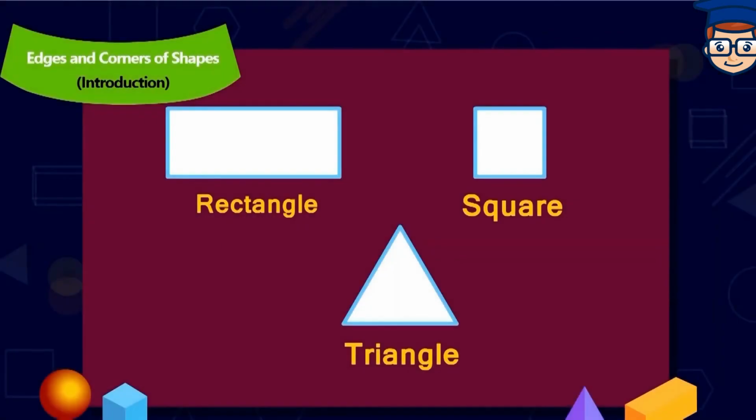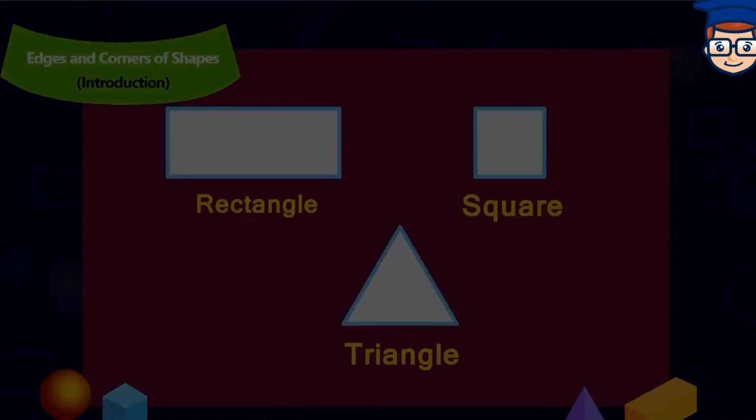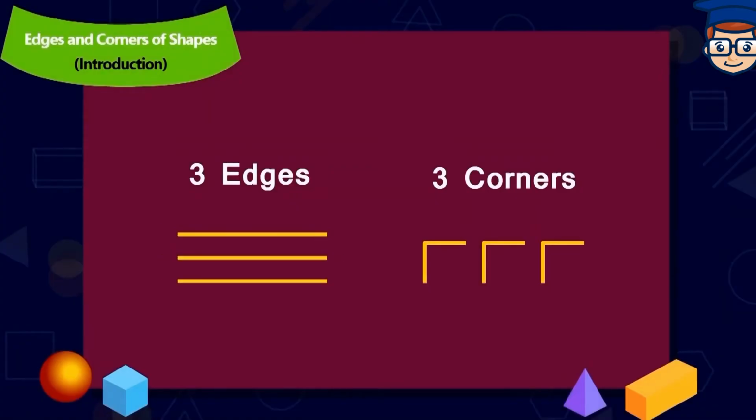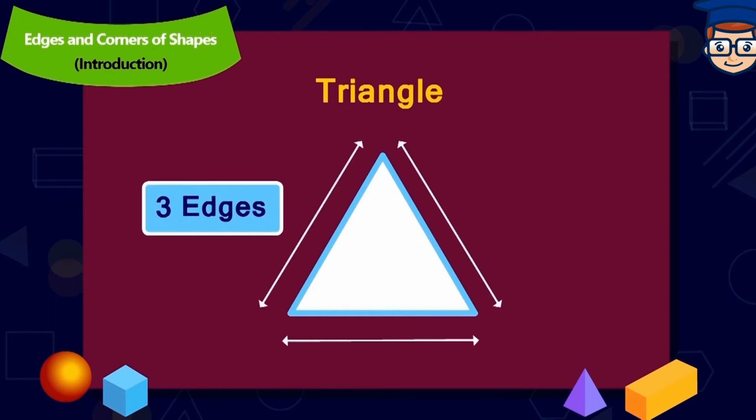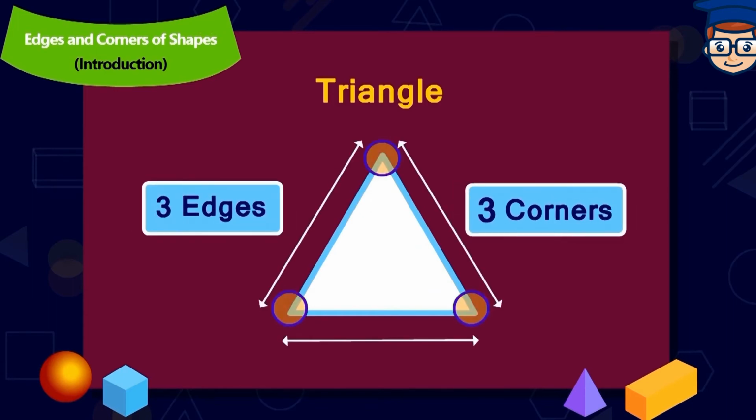Now, Uncle asked Chanda to recognize the objects with 3 edges and 3 corners. Do you recognize this shape? Absolutely right. Triangle. Triangle has 3 edges and 3 corners.